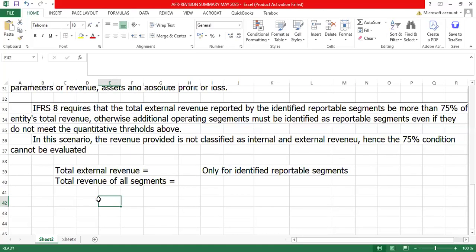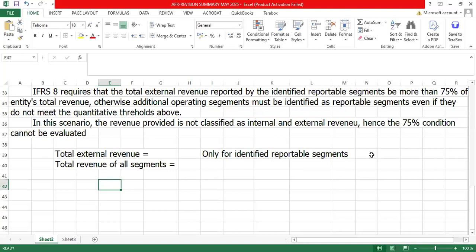Let's say the figure here is 960 million, and the figure for all segments is 1,290 million.